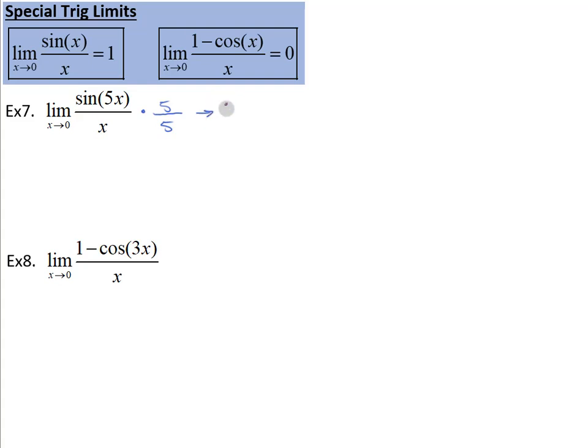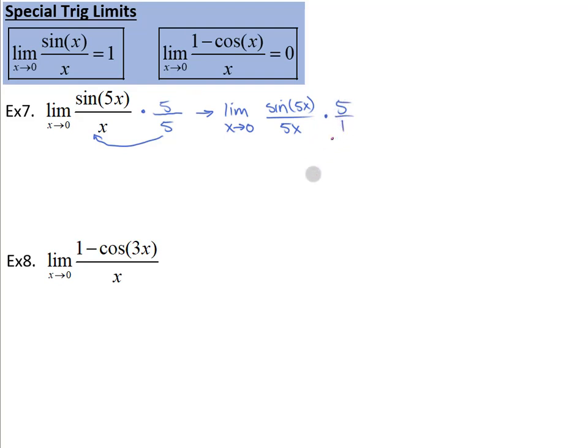So this would give me, and here the limit notation doesn't go away. You're supposed to keep this limit notation. Sine of 5x, and at the bottom, x times 5 is the same as 5x. And note, now that 5 we kind of brought over here in front of our x, but we still have this times 5 here, right? From the numerator, like we haven't done anything with this.